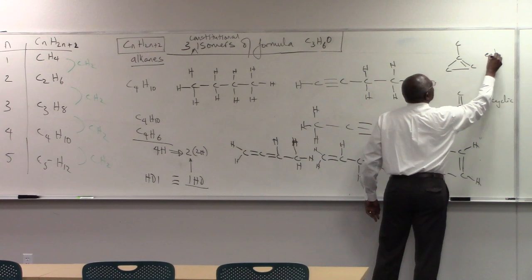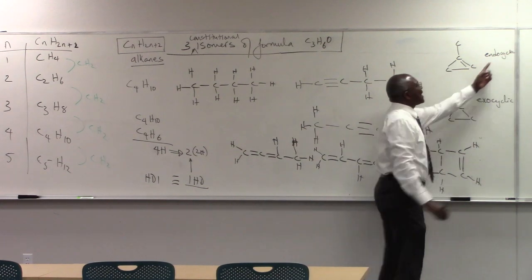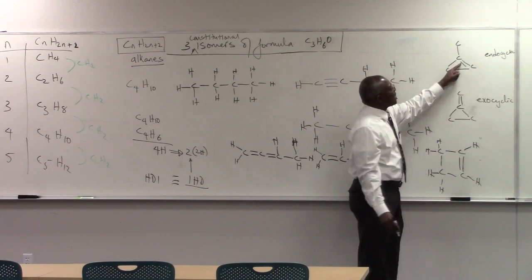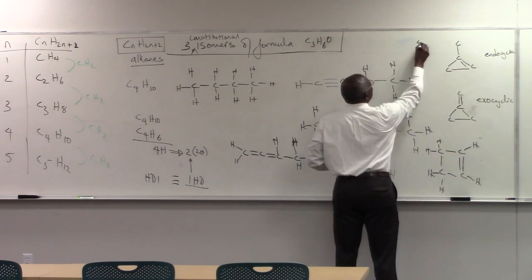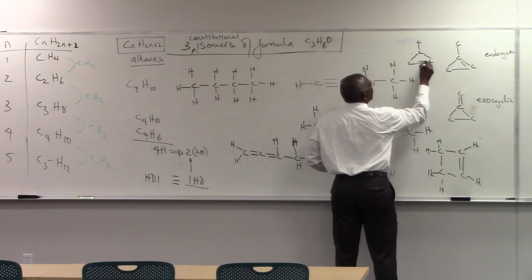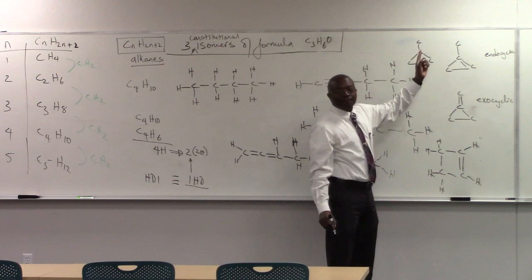This is endocyclic. In other words, it's a double bond that is inside the ring. And by the way, it could be here, or for that matter, it could be here. Because these are different. Because the position relative to this carbon is different.